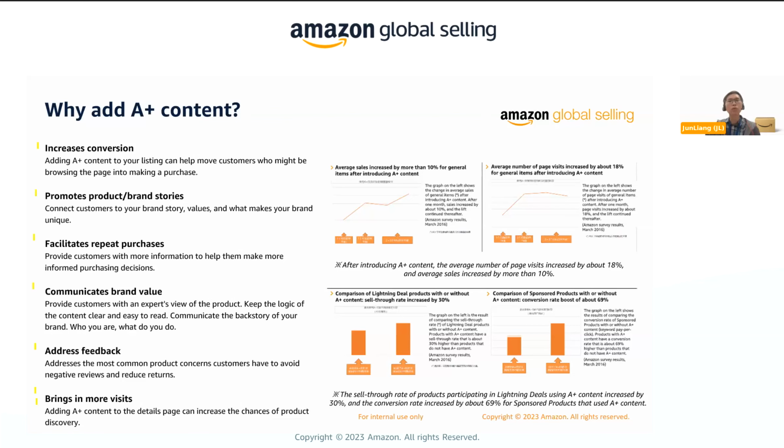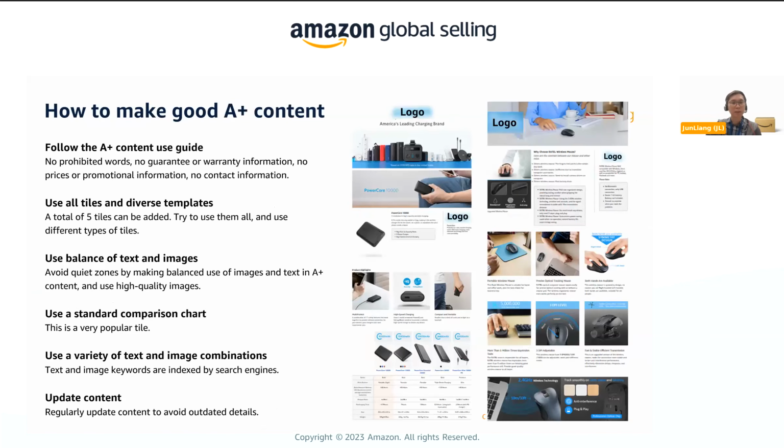So how do you actually make good A+ content? I do have some good examples over here. To do good A+ content, follow the A+ content user guide. Ensure that you do not use any restricted or prohibited words, and try to use the tiles and diverse templates that are available inside.